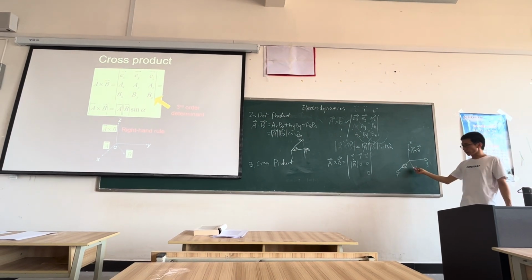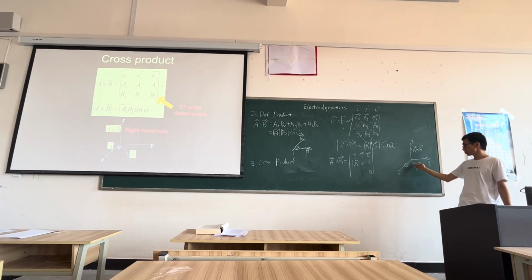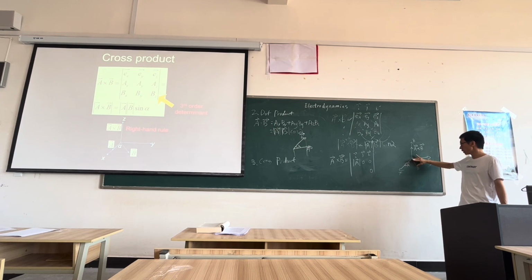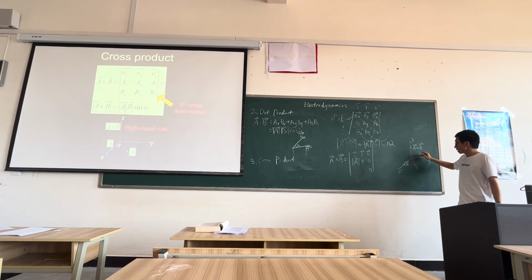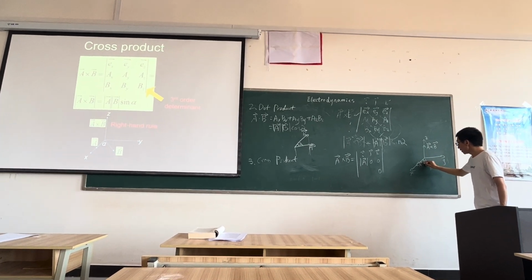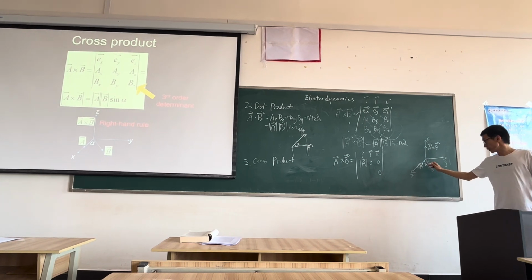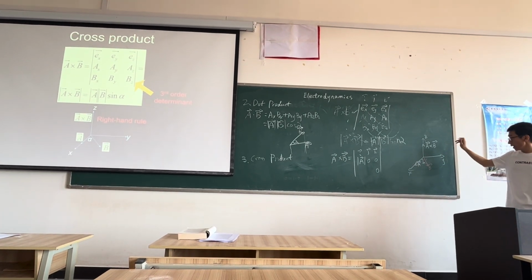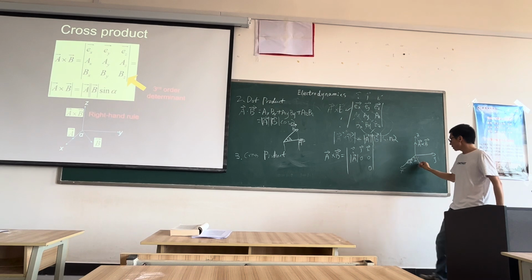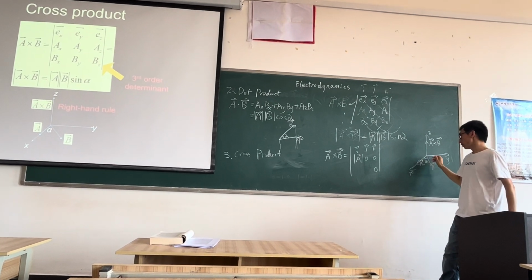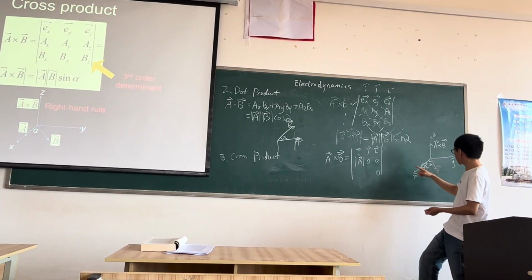And let's have a look at B. B falls in the xy plane, so this is B's length, and let's suppose this is alpha, the angle between A and B. B's x component should be B cosine alpha.